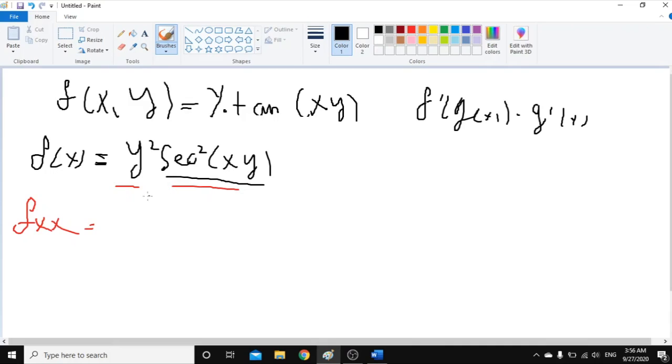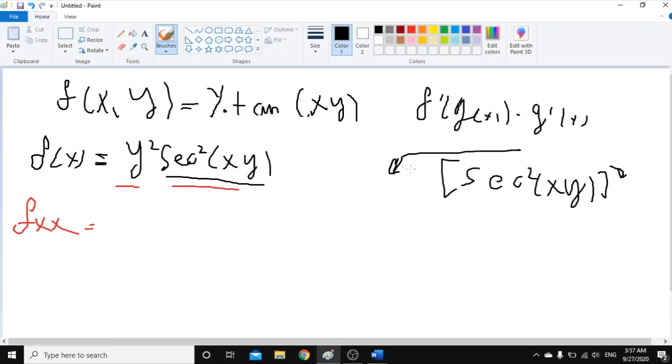We can write this secant squared, as I said, it can be written as secant xy, squared. So this 2 can go to the front here.